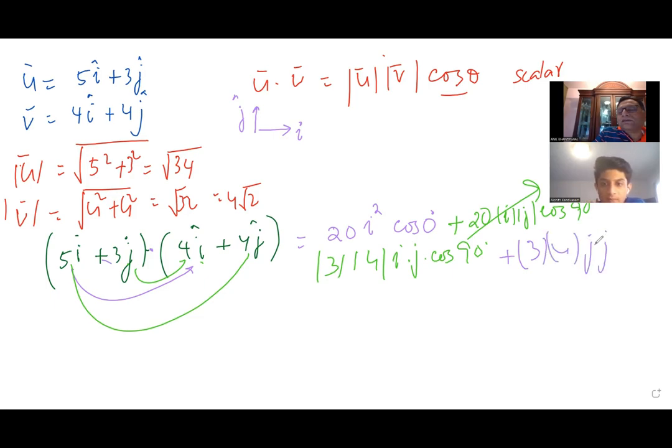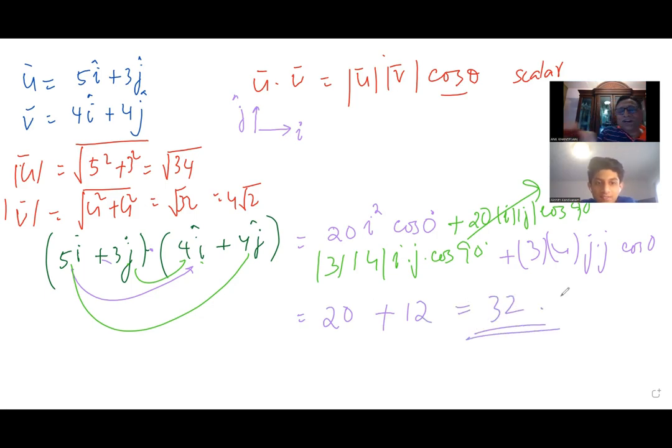So j times j means the magnitude is 1 and cos theta is 1. So what we get here is 20 plus 12, 32. Does it make sense? Yes, sir.